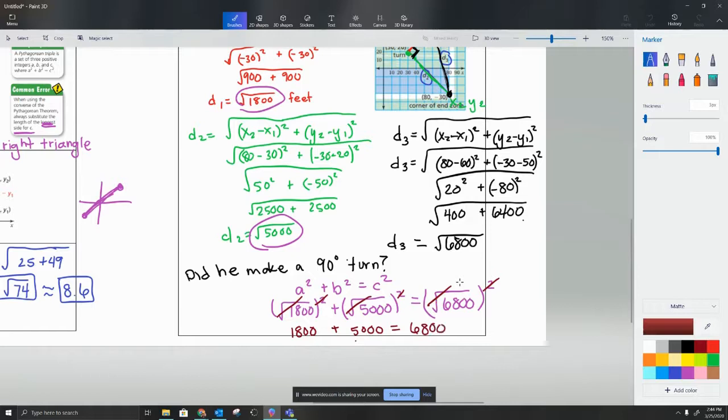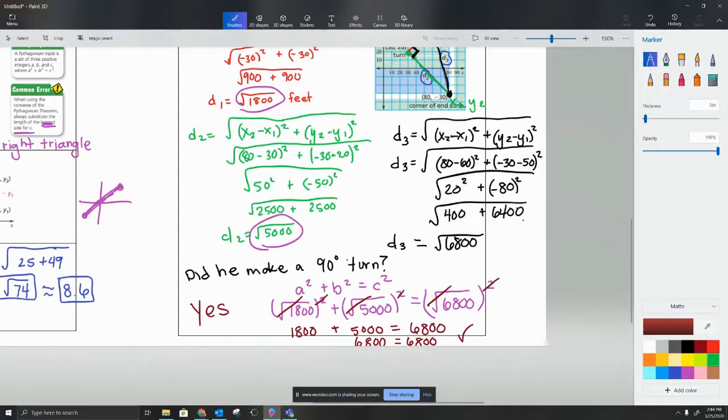So 1,800 plus 5,000 should equal 6,800, which it does. 1,800 plus 5,000 equals 6,800, which is equal to 6,800. So it checks out, and that means your friend did run a 90-degree turn.